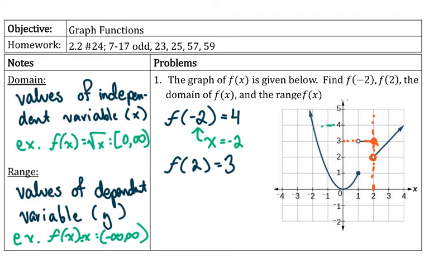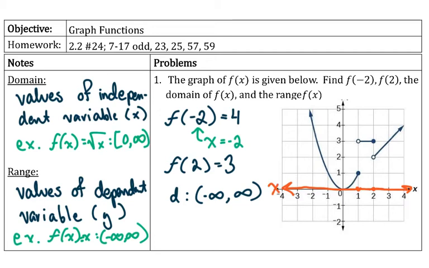Now, for domain and range, the domain, we can see it's all of this, so that's negative infinity. We also have this filled in, we have here, and then it goes on forever this way. So in this case, the domain is going to be negative infinity to positive infinity. Anything can be in the domain for x.